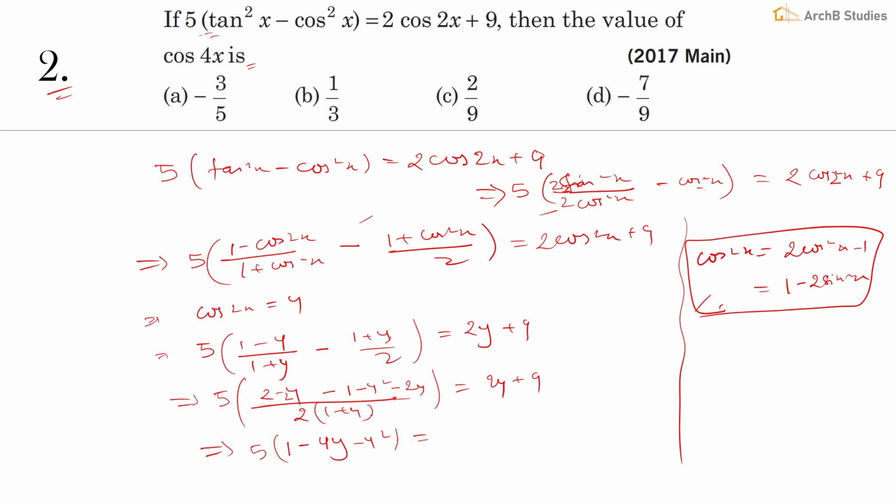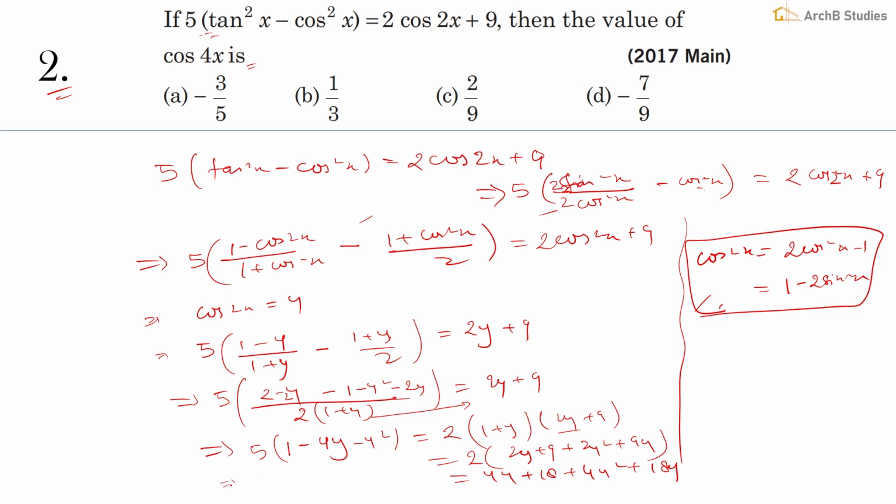This will be equal to, this will be multiplied with this one, 2 into 1 plus y into 2y plus 9. 2 into, this will be 2y plus 9 plus 2y square plus 9y. This will give 4y plus 18 plus 4y square plus 18y. This side will give 5 minus 20y minus 5y square.